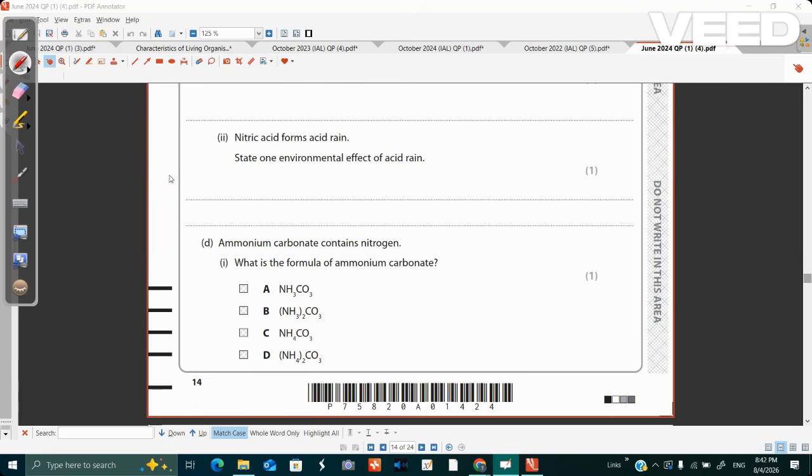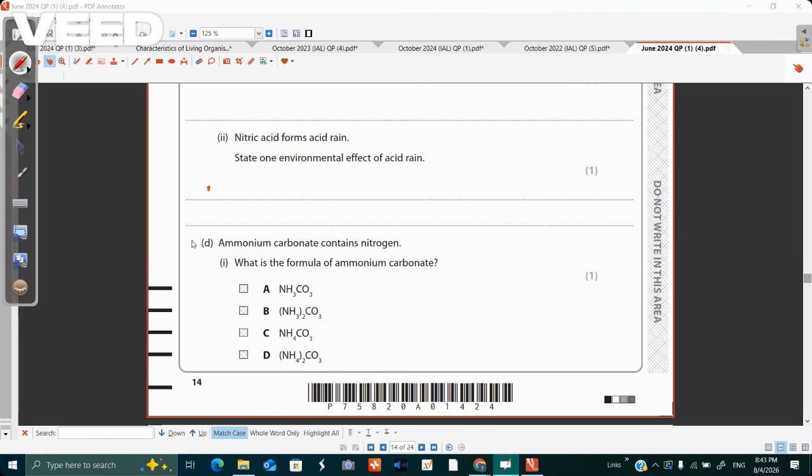Nitric acid forms acid rain. State the environmental effect of acid rain. You can write many things, right? So when the pH is going down in the water bodies, it is harmful to flora and fauna. And also for man-made objects, for example calcium carbonate, the monuments made out of calcium carbonate will get damaged.